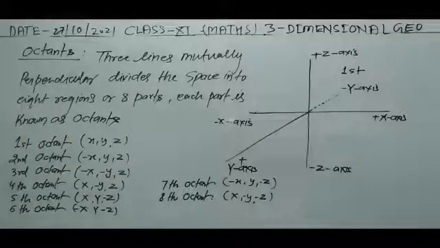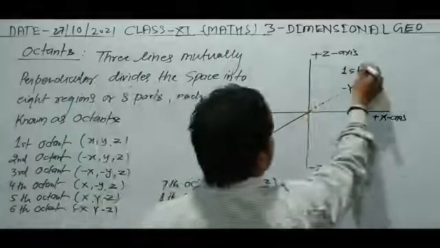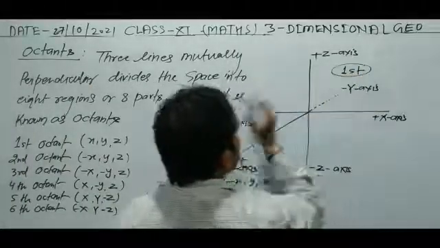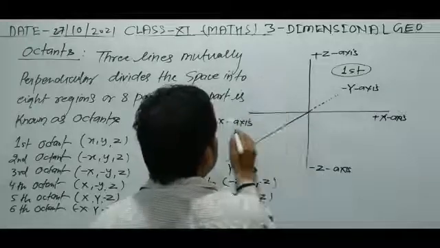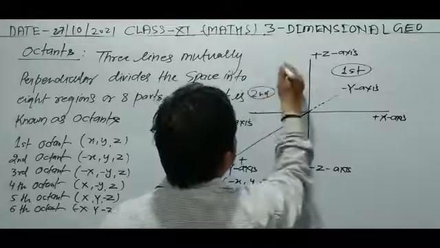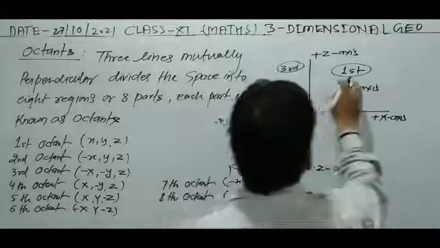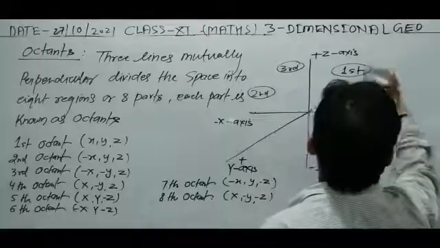So there are 8 types of octant here. First octant, second octant is here, and the third octant is back. First back is fourth.